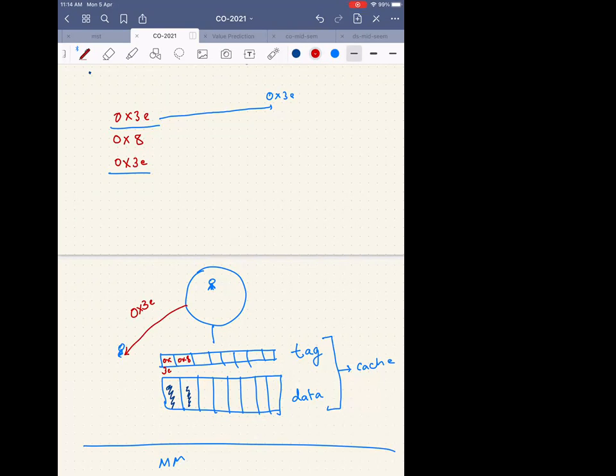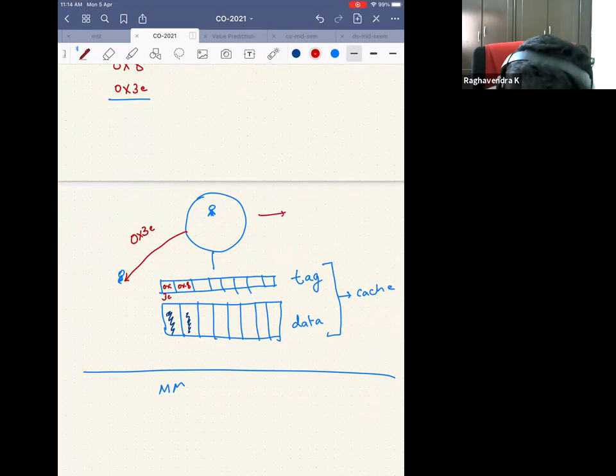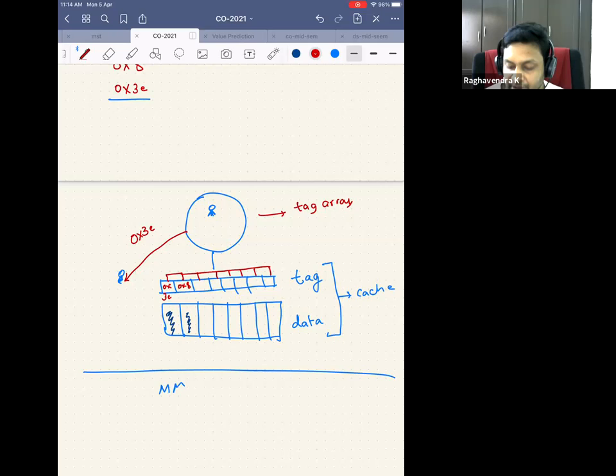I check in my tag array and then fetch it. That means I search the entire tag array, all 8 locations. Thinking about the hardware, there will be a mux and 8 comparators, and I check whether 0x3 is in any of these locations.